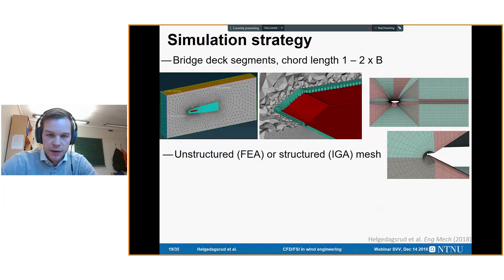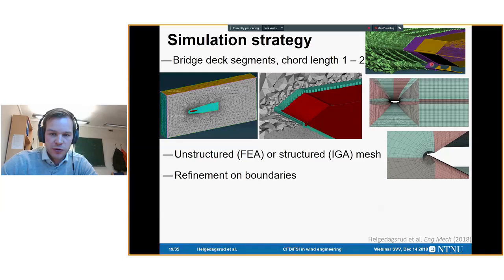We also do isogeometric analysis, which is a very promising analysis framework. We then use structured meshes for having higher order continuity. Here's another picture. It's the Hardanger bridge with the spoilers installed.